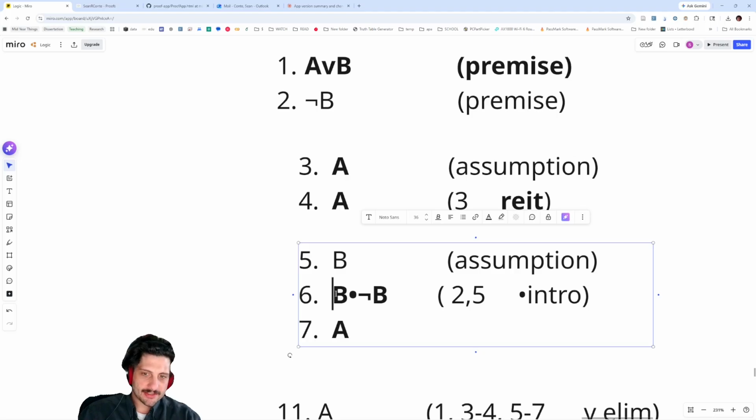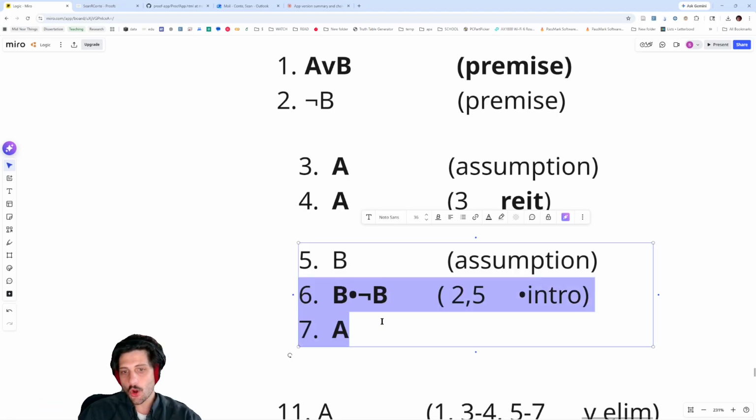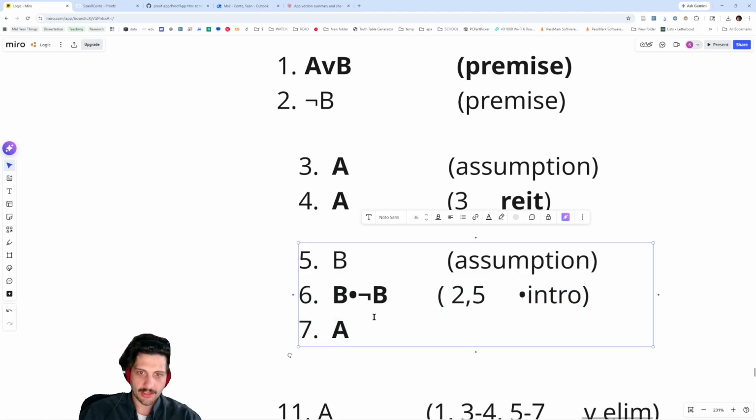But the point is, if I believe a contradiction, I have to believe anything else. Because there is no possible way that this thing is true in the first place. So there's no possible way that this is true while this is false. And that was the only thing we were worried about when making an inference.